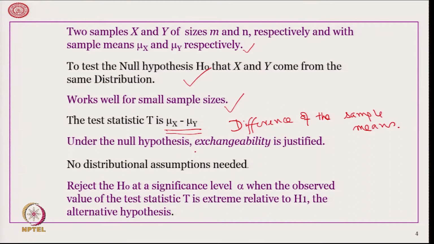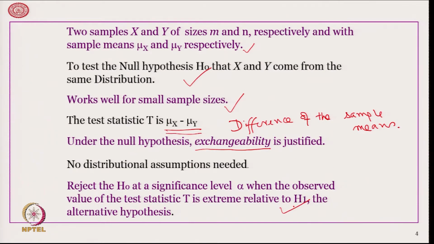Under the null hypothesis, exchangeability is justified. So, it is a new term that we are coming across. I am explaining what it is. No distributional assumptions are needed, therefore, we are not assuming anything about the distributions, but reject H naught at a significance level alpha when the observed value of the test statistic T is extreme relative to H 1, that is the alternative hypothesis.